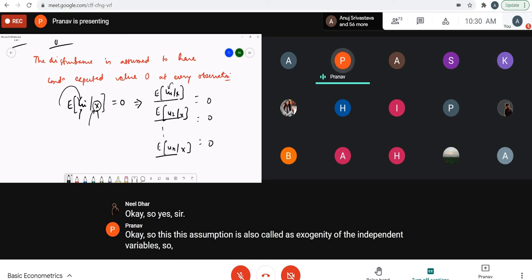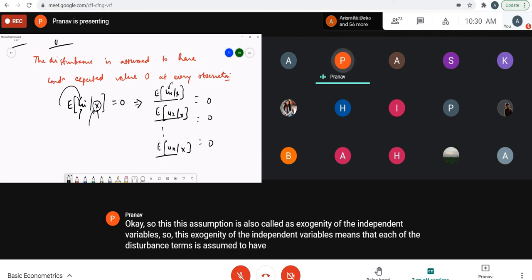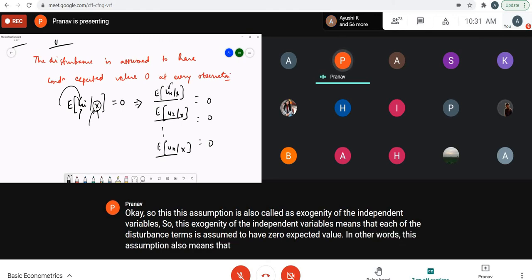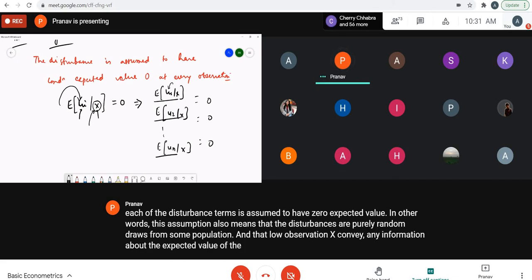So this exogeneity of the independent variables means that each of the disturbance terms is assumed to have zero expected value. In other words, this assumption also means that the disturbances are purely random draws from some population and that no observation on X conveys any information about the expected value of the disturbance.